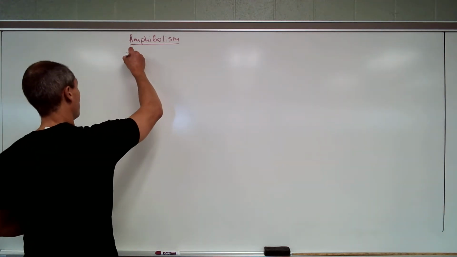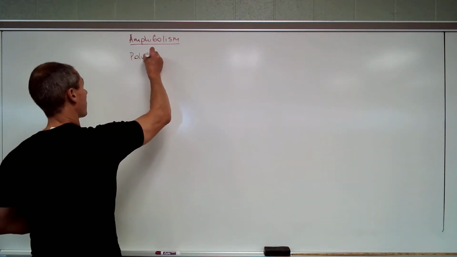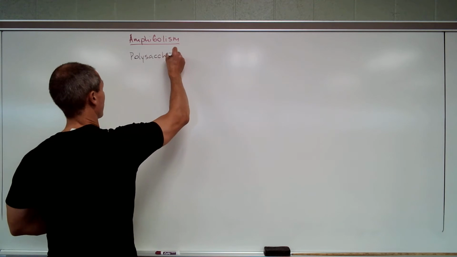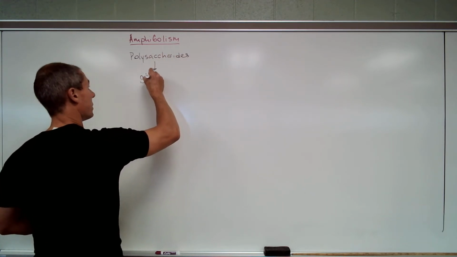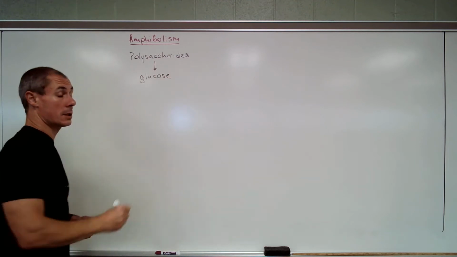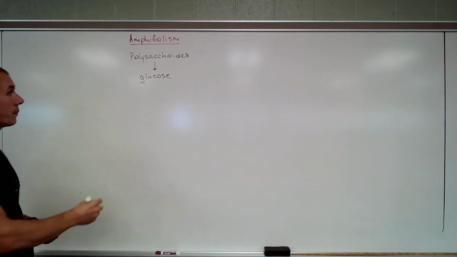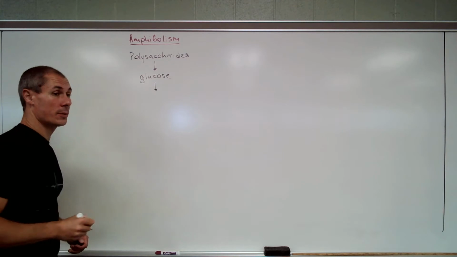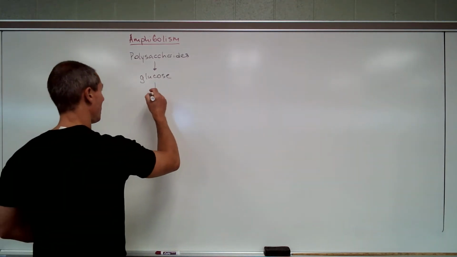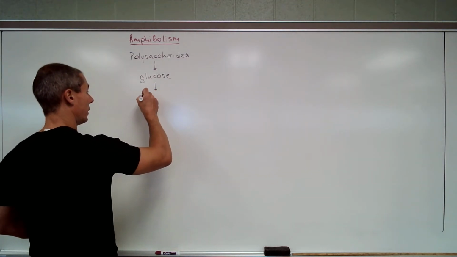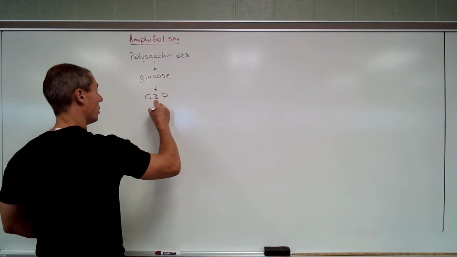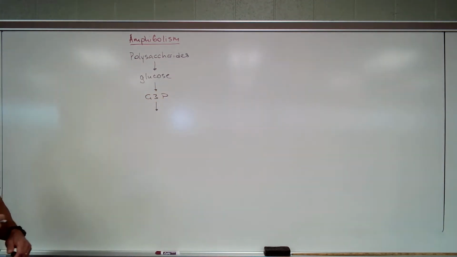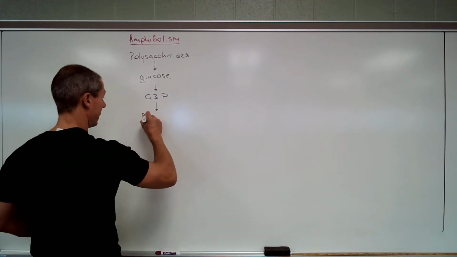So we have polysaccharides that get digested into, for simplicity, glucose, right? C6 carbon. And glucose, during glycolysis, forms that intermediate 3-carbon phosphorylated molecule G3P, which is eventually converted as the product of glycolysis into pyruvate.